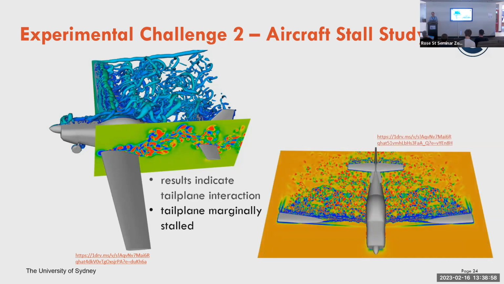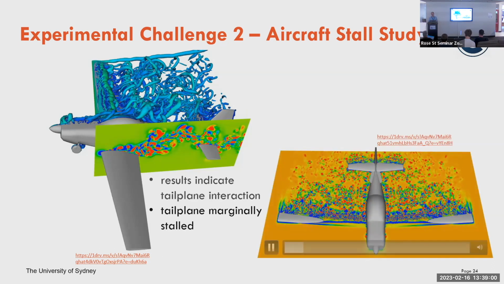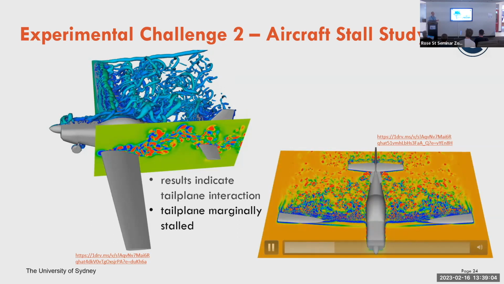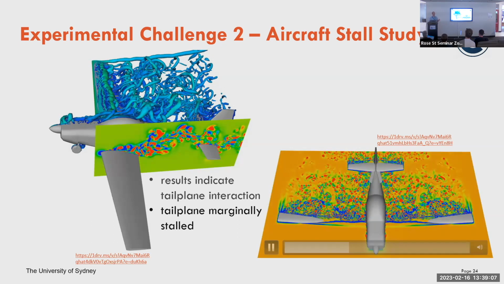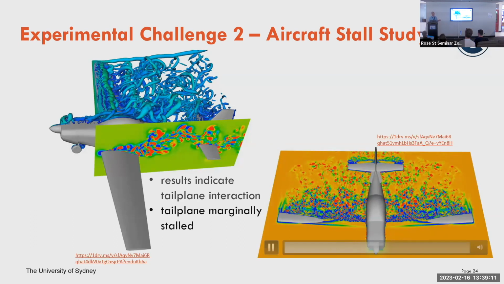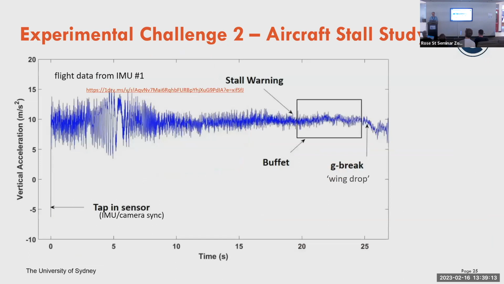The good thing was the tailplane wasn't stalling. So the main wing was stalled, you can see here, but the tailplane wasn't, which is a good thing to have on an aeroplane, but the wake was interacting with the tailplane and causing it to resonate. So we found this in accelerometer data by looking at periods in the stall. You get stall, and then you get this vortex shedding.